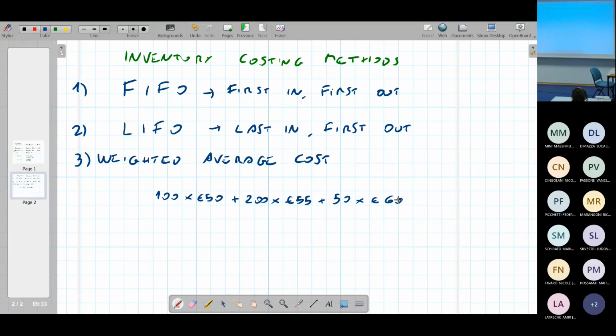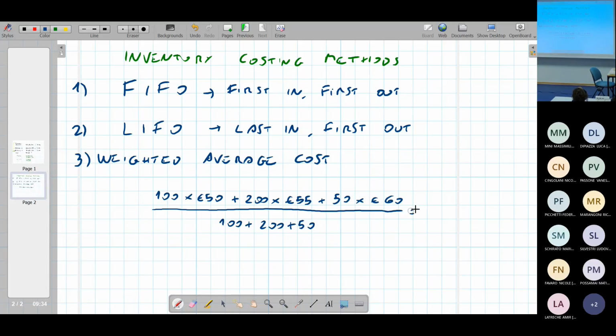What is the average cost of the inventory? You divide this by the total number of units, which is 100 plus 200 plus 50, and you get the weighted average cost of your inventory.